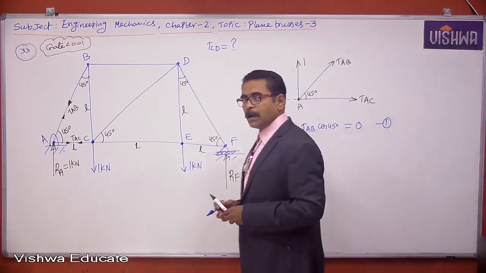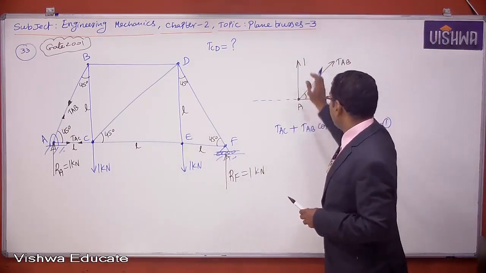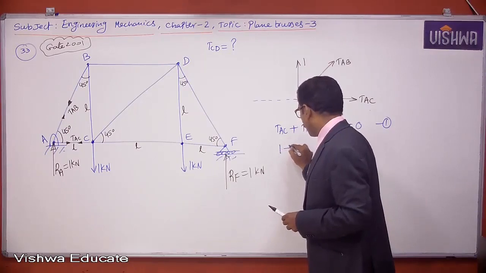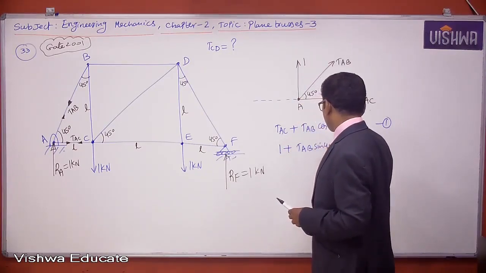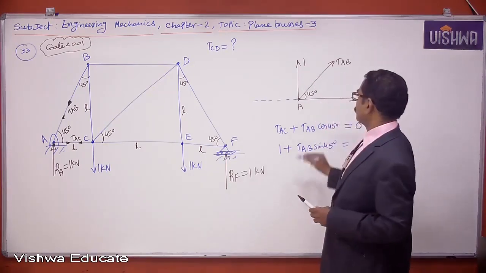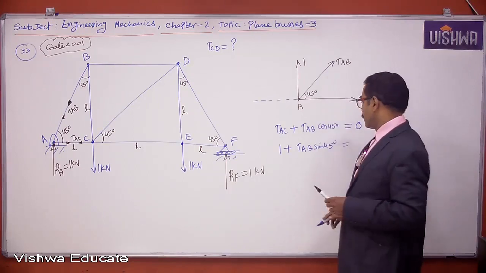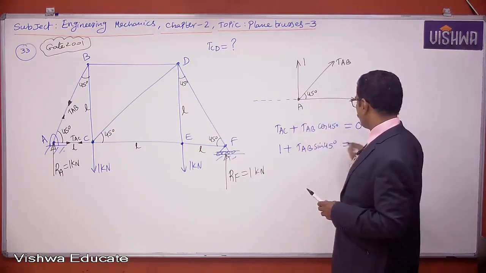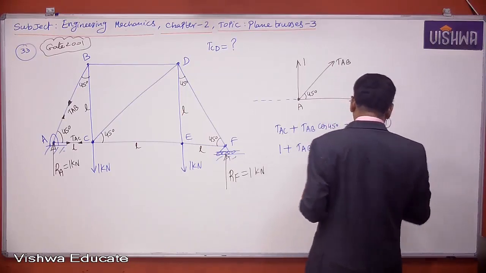Then the sum of upward components equals the sum of downward components. The sum of upward components means 1 plus TAB sin 45, since the vertical component of TAB is TAB sin 45, right? There is no downward component here, so I am putting 0. So here there are 2 equations and 2 unknowns.